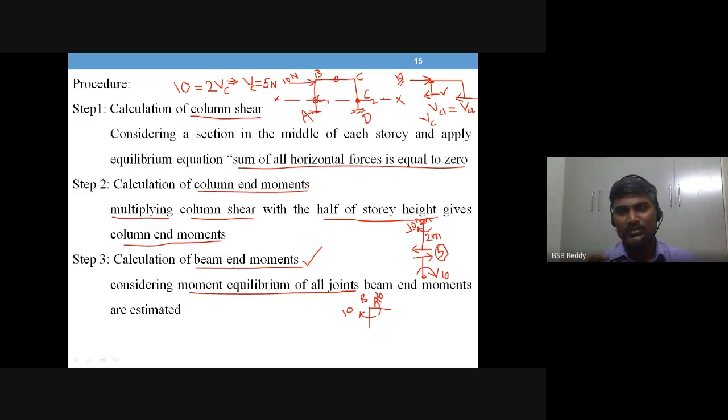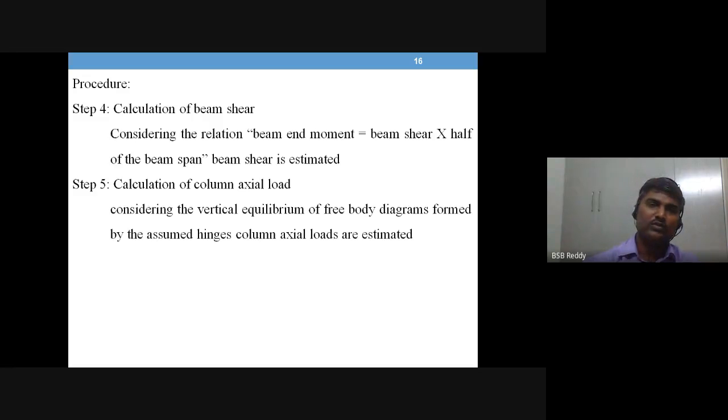First you have applied the first assumption, which is anyhow common, and you have started with the second assumption, which gives you column shear values. Once you know column shear values, you are able to get column end moments. Once you get column end moments, then you are able to get beam end moments. Then what next? Once you know beam end moment, you are able to get beam shear.